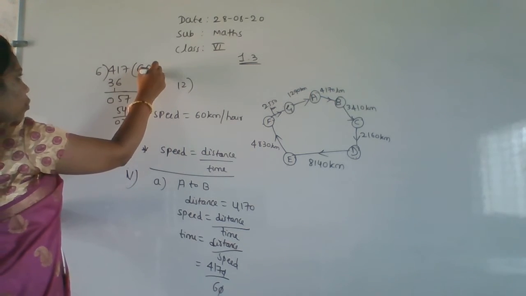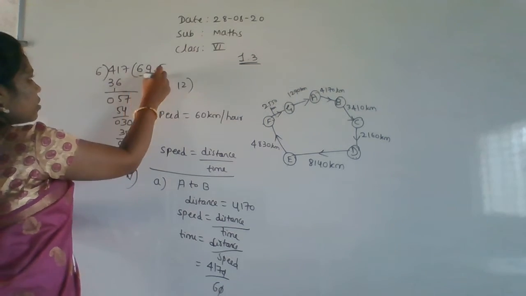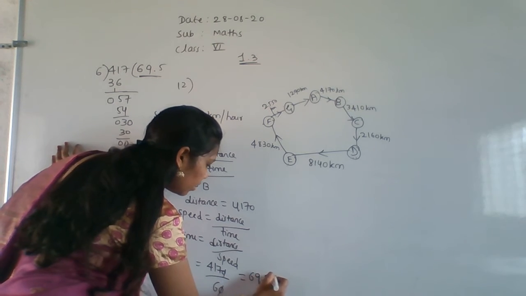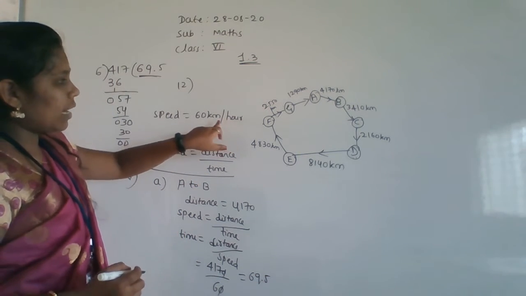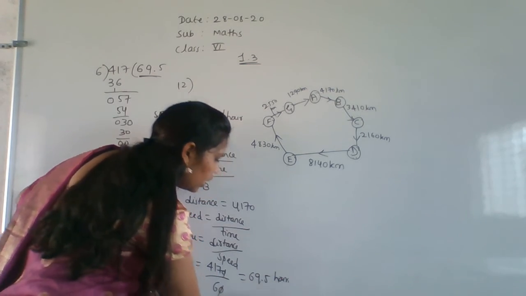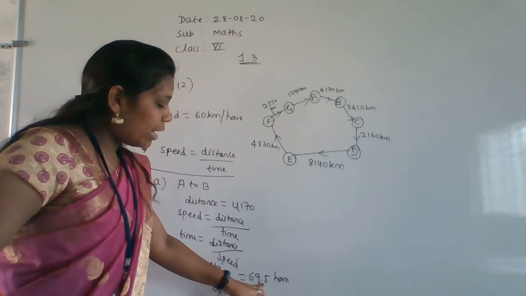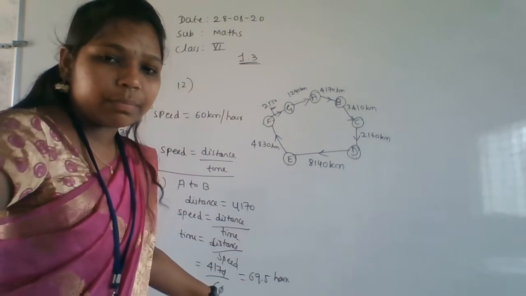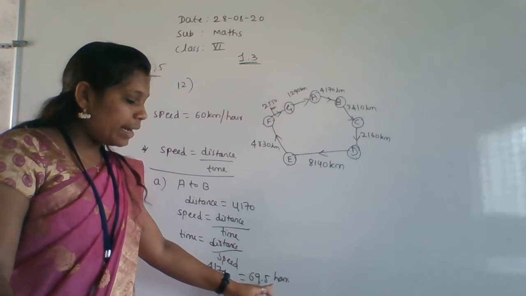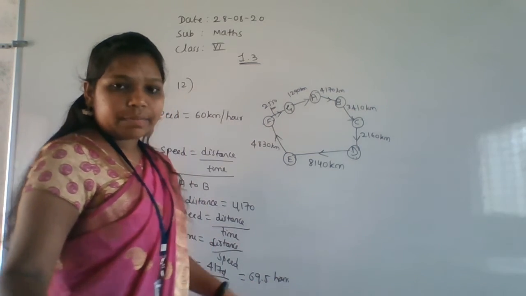Here 3 and a point, take a 0, 6 fives are 30. So the answer is 69.5. Here the unit is hours, kilometers per hour. So he will take 69 and a half hours. The 0.5 value means half an hour. So 69.5 hours it will take to reach from A to B.